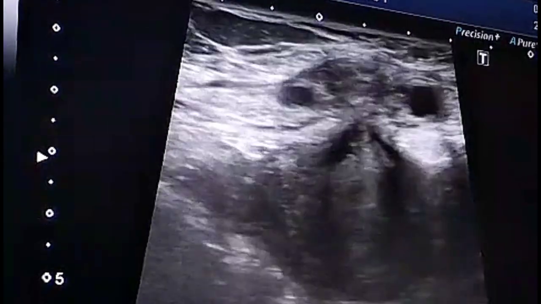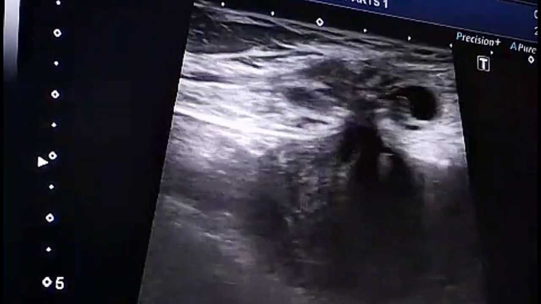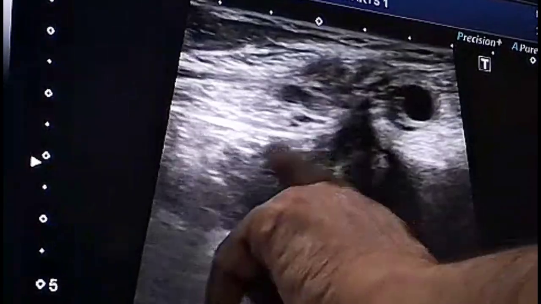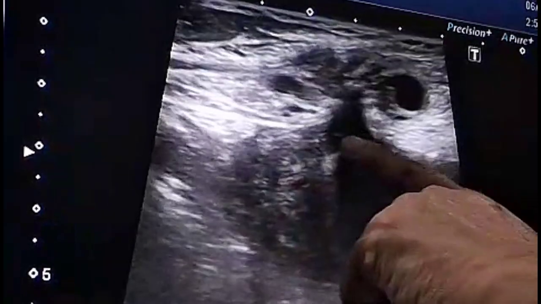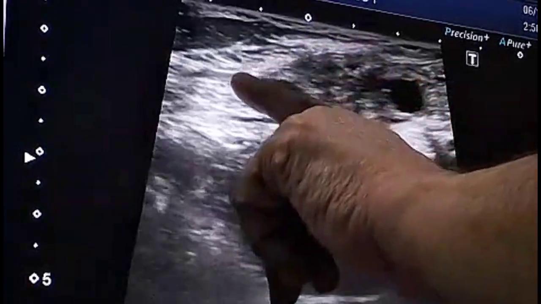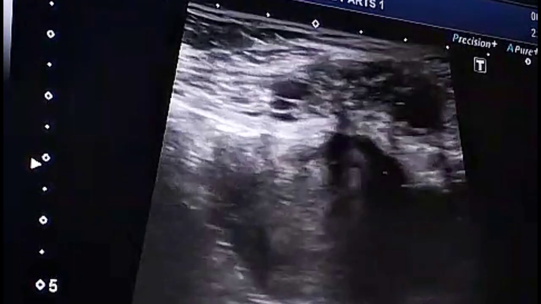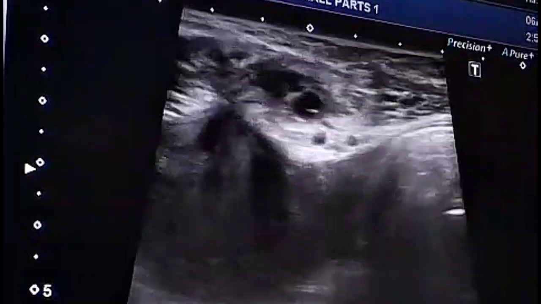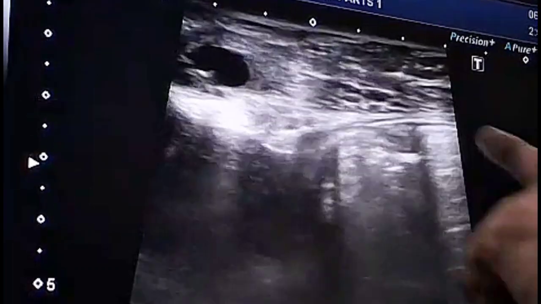This is an ultrasound of a female patient. You see, this is the endometrium, and this is the uterus. This is the endometrium, and this is a tract which is connecting with the anterior side of the mass, and the upper one is muscle.